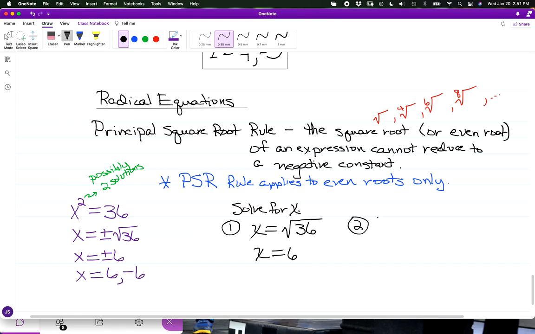And if we have something like x is equal to the square root of 100, in this case, x would be equal to 10 only.